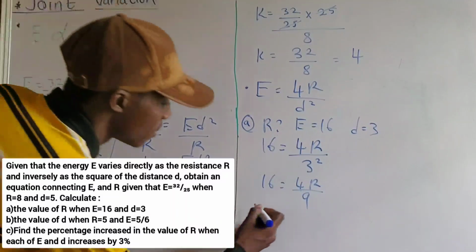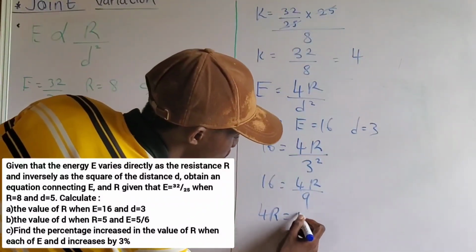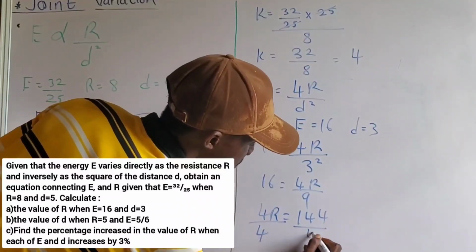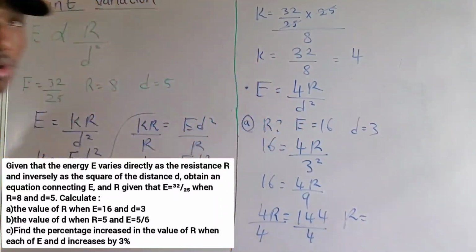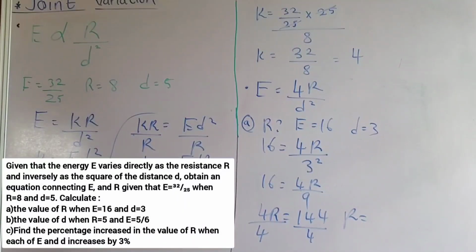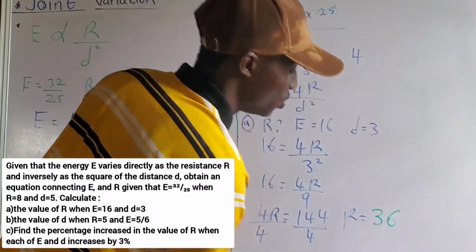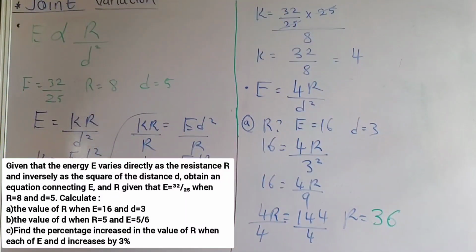So I'm going to have 4R is equal to 144. To get the value of R, I have to divide both by 4. So R equals 144 divided by 4. That will give us 36. So the value of R is 36. Do you understand? Okay, so that is the solution to the first question under that question.